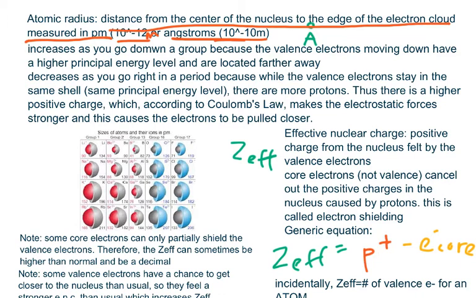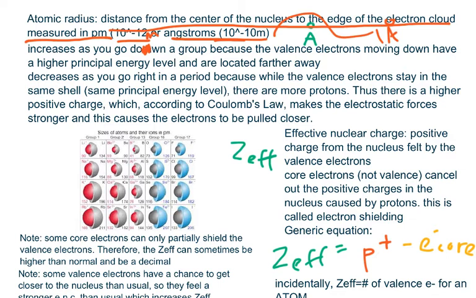Typically, atomic radii are around 1 angstrom, so that's a good way of memorizing how large atoms are. Their radii are about 10 to the negative 10 meters on average, but of course some are larger than others, as we will see. So that's a spelling error that I just noticed, so let me just cross that out.